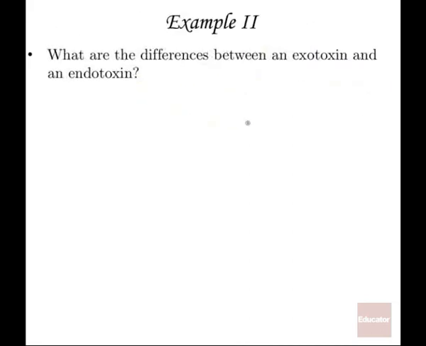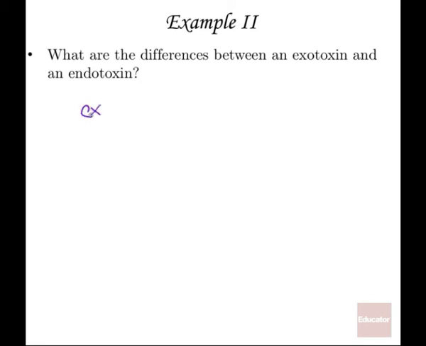So the second question has to do with: what are the differences between an exotoxin and an endotoxin? Now, this is likely to be on an exam. For instance, it would be a great essay question, and it would be great for matching or multiple choice. So let's break it down.